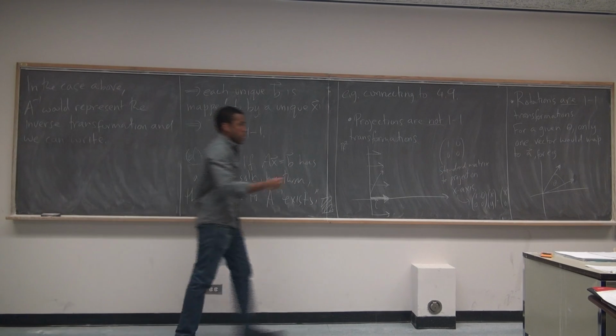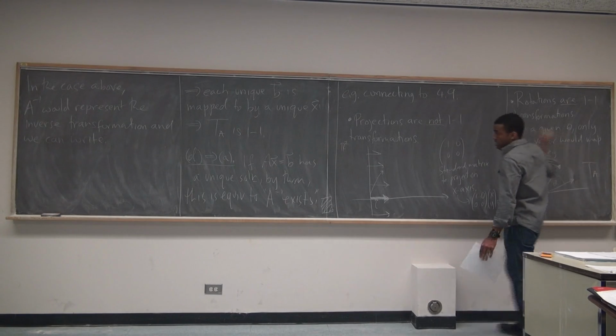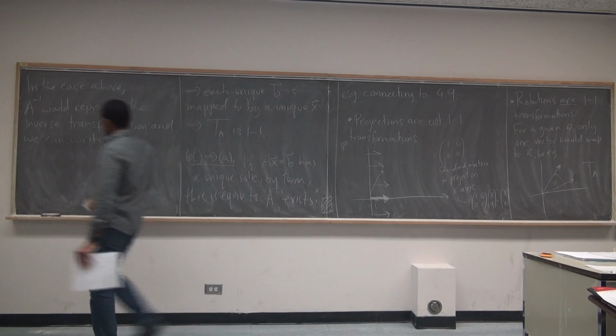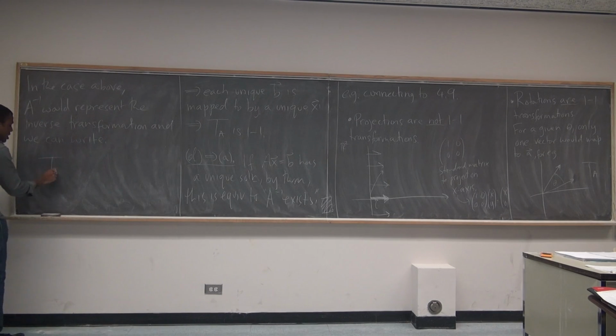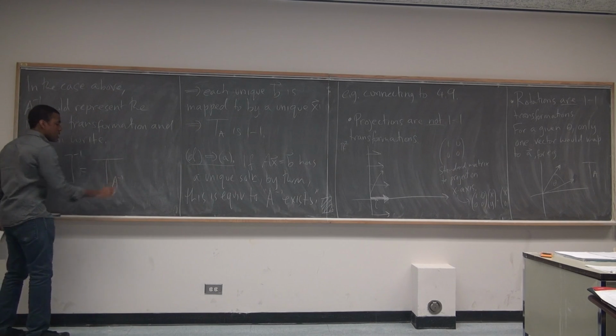So let's say I performed a transformation here called TA, and that standard matrix will have sines and cosines in it. Then in this case we can write that the inverse of this transformation is just the transformation given by A inverse itself.